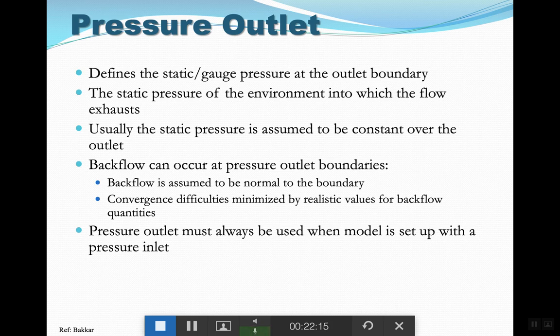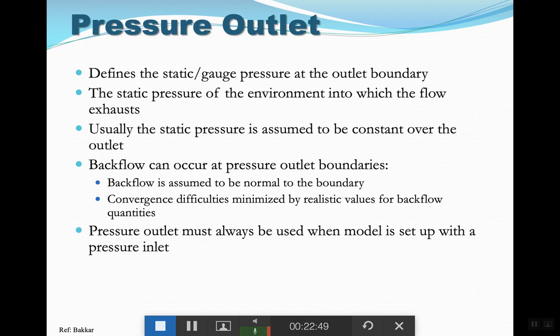The only thing that you have to be careful about in pressure outlet is something called backflow. What backflow is, imagine a pipe. Sometimes for some reason, mostly geometrical reasons, like the geometry of your pipe has a step near the outlet, and many other examples, at some parts of your outlet the flow comes in instead of going out.